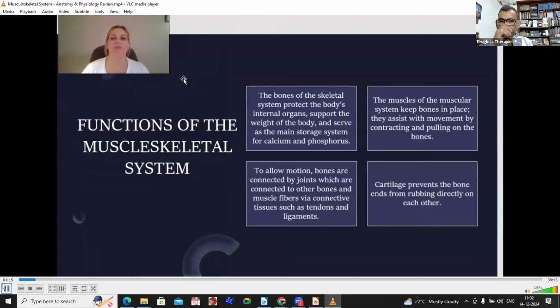They assist with movement by contracting and pulling on the bones. To allow motion, bones are connected by joints, which are connected to other bones and muscle fibers via connective tissues such as the tendons and ligaments. And also cartilage prevents the bone ends from rubbing directly on each other.